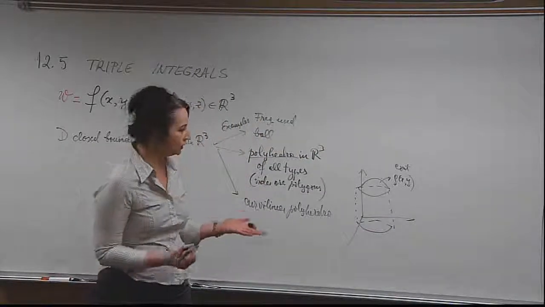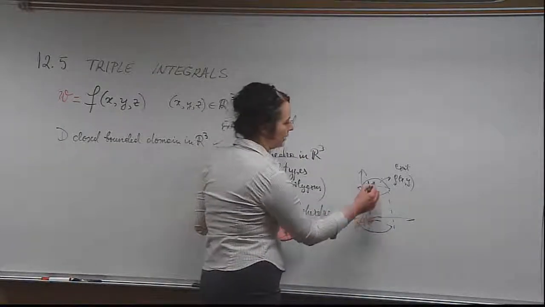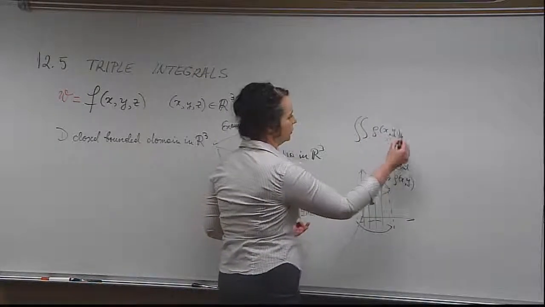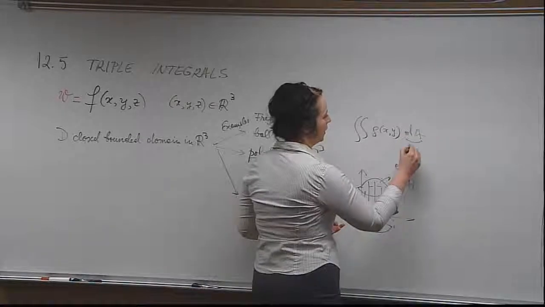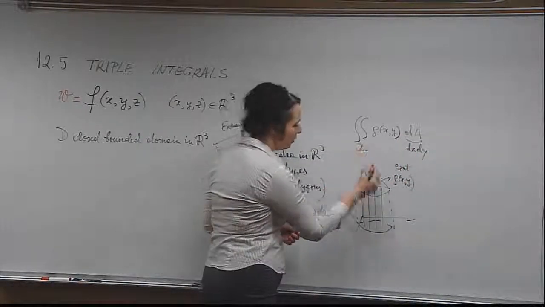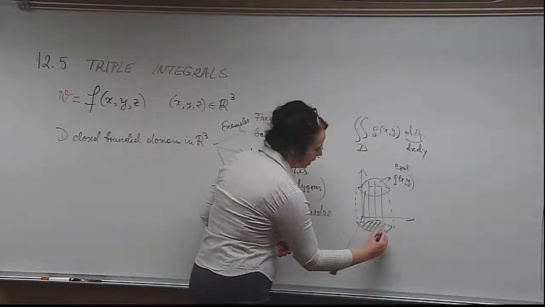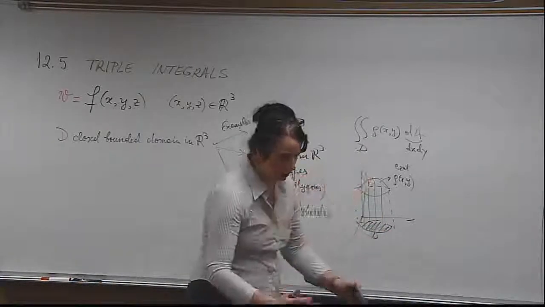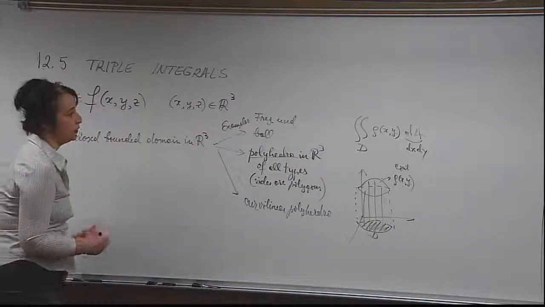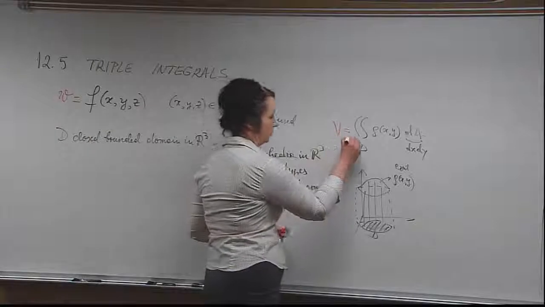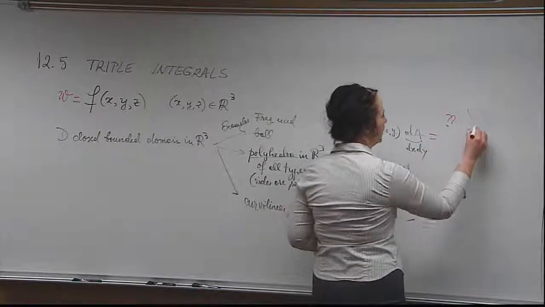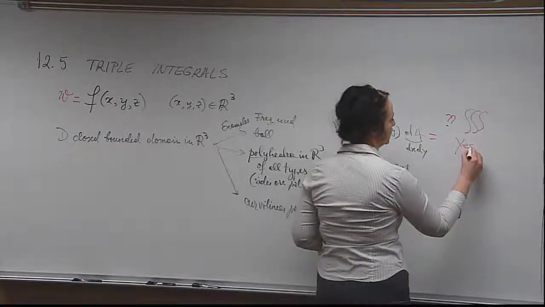And until now, we treated this volume under the graph as the double integral of g of x, y, continuous function over dA, where dA was dx dy. And we said double integral over the domain, projected domain in the plane. That's what I have. But can I treat this volume as a triple integral? This is the question, and the answer is yes.